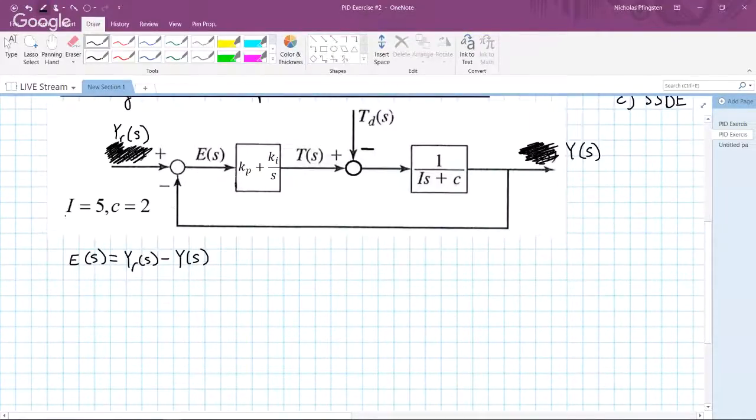There's one piece of it, and T of s is equal to capital E of s multiplied by Kp plus K sub I all over s. And then we have capital Y of s.